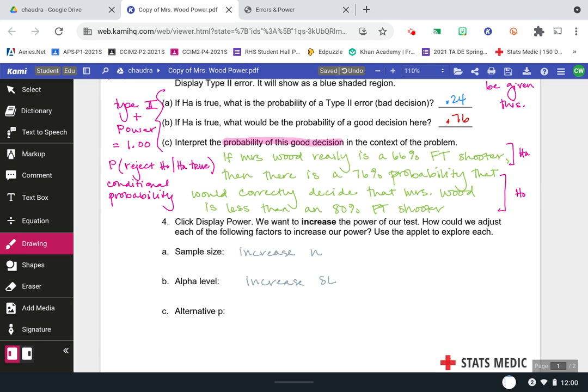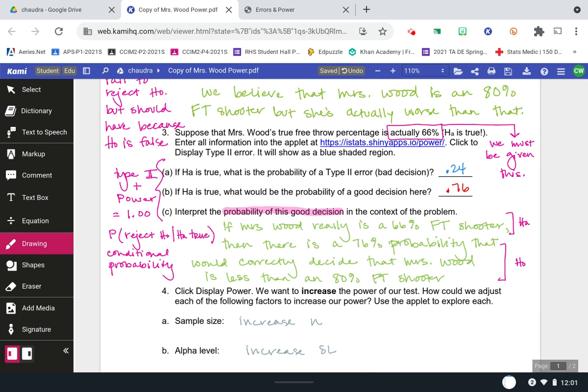And for our alternative hypothesis, we would want to decrease the true value if we wanted to increase the power of our test. Okay, and when you played around with the applet, hopefully you found these three responses and were able to correctly choose them. So that is how to play around with power and with definitions of how it relates to the type 2 error.